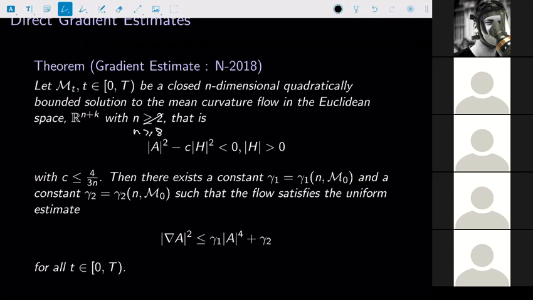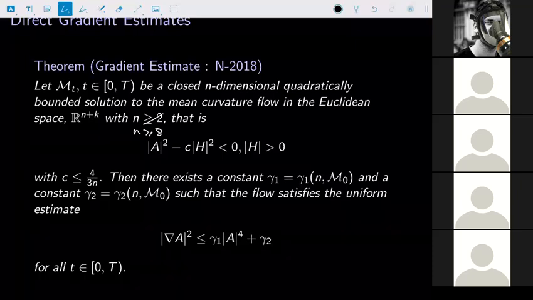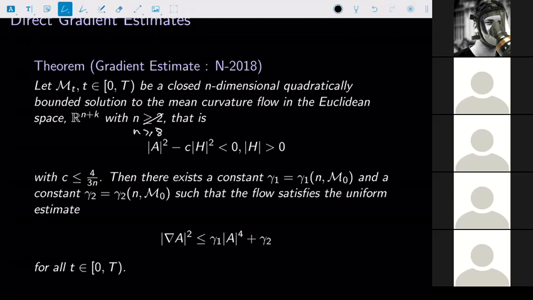Such an estimate can be continued through the singular times by mean curvature flow with surgery. So you always have grad A squared less than or equal to gamma 1 A to the fourth plus gamma 2. This is the key result that you need to do mean curvature flow with surgery, and it all follows from this quadratic term here.